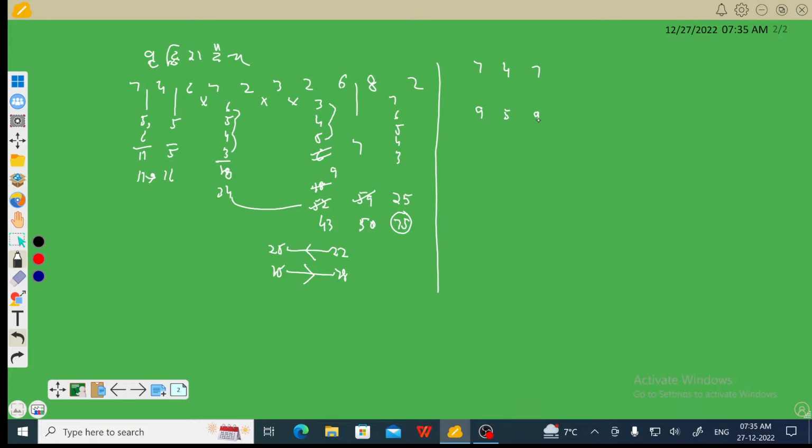Then 8, the factors are 12. Then 2, the factors are 2. When we say 9, it means numbers 1 to 7 have this many factors; numbers 1 to 4 give this many factors, and like that. So see the progression: 9, 14, 23, 25, 28, 30, 38, 50, and 52.